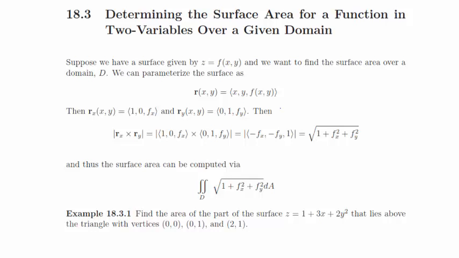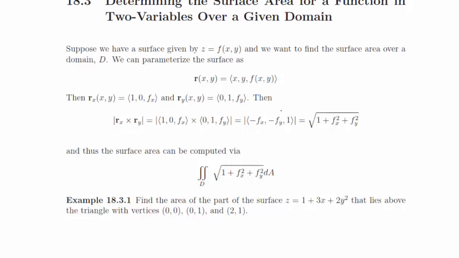Then we look at parameterizing it in order to find our formula, and then we'll just use the formula moving forward here. So we set up our vector r of x comma y equals x comma y comma f of x comma y. Then we take our partial derivative with respect to x, so r sub x of x comma y equals 1 comma 0 comma f sub x, and the vector r sub y of x comma y equals 0 comma 1 comma f sub y.